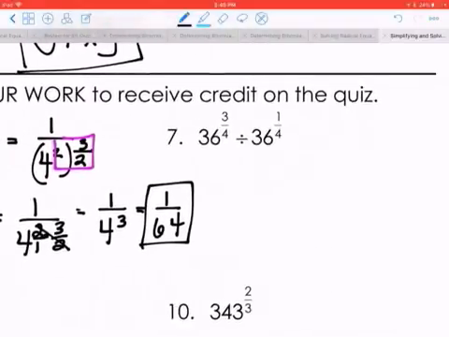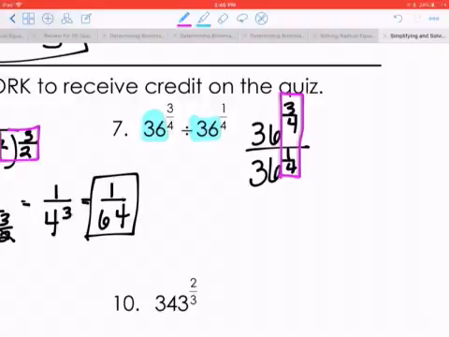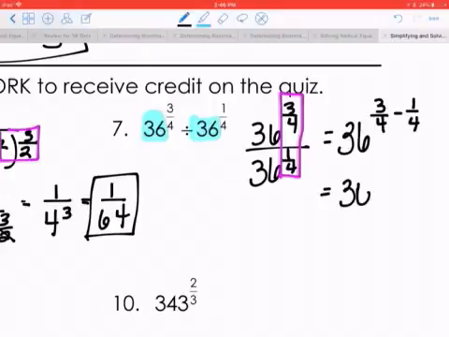Okay, let's do number 7. So, same base. So we don't do anything with the same base. We can rewrite this as 36 to the 3/4 divided by 36 to the 1/4. They have the same base. So if you're having the same base, what do we do with the exponents? Hopefully everybody will say subtract. So we have 36, 3/4 minus 1/4 is going to give us 2/4.